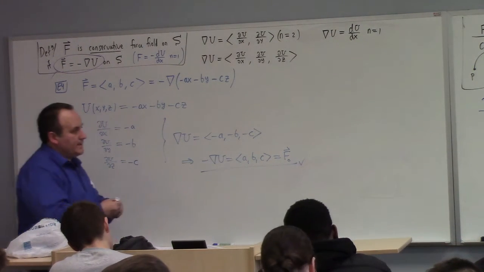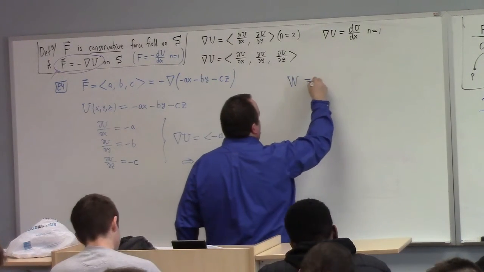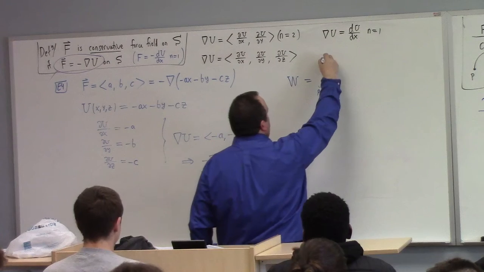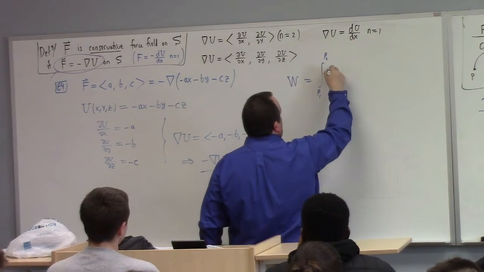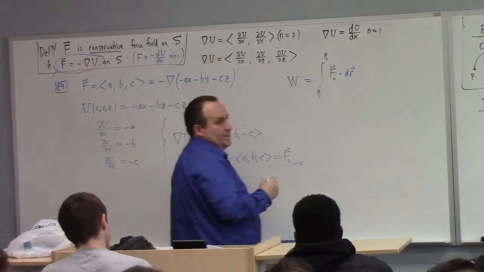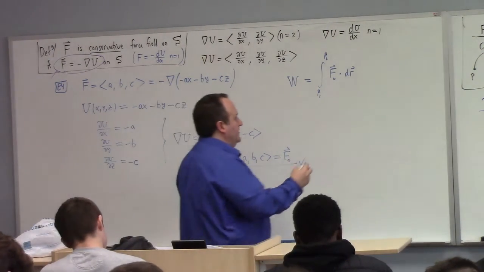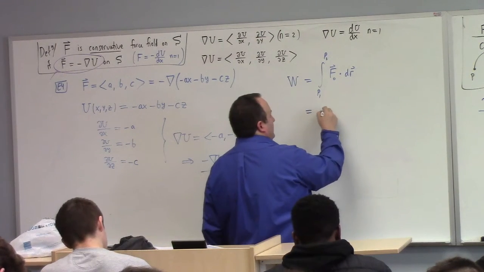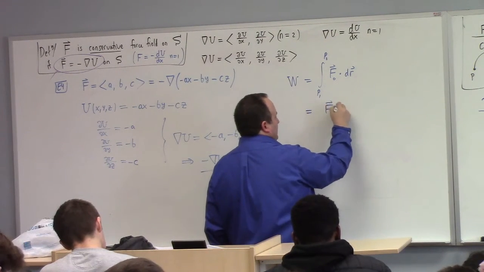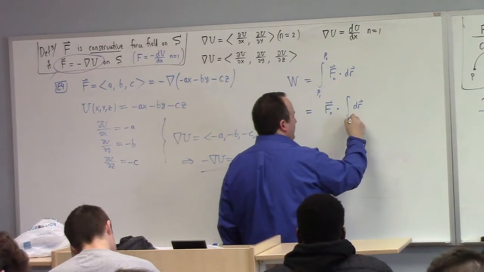Check this out. If you want to calculate the work done, say from point 1 to point 2, of a constant force, then we could calculate it with formal nonsense. So pull the constant vector outside the integral. What do you think the integral of dr should be from P1 to P2?